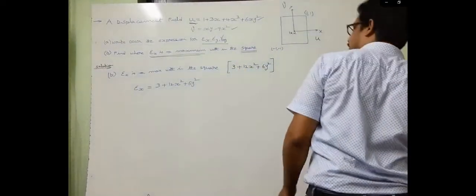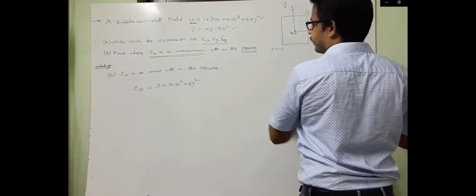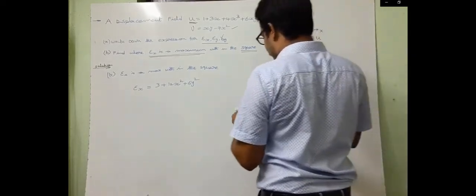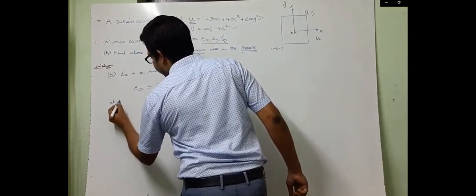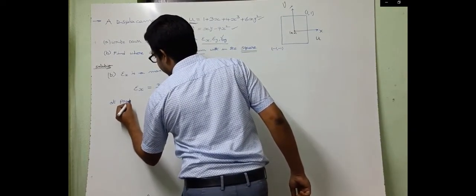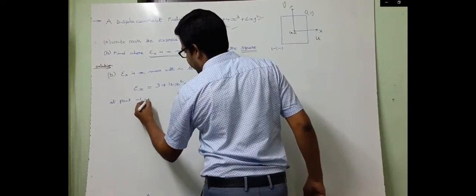We need to substitute the square values. What are the values at the point minus 1 comma minus 1?